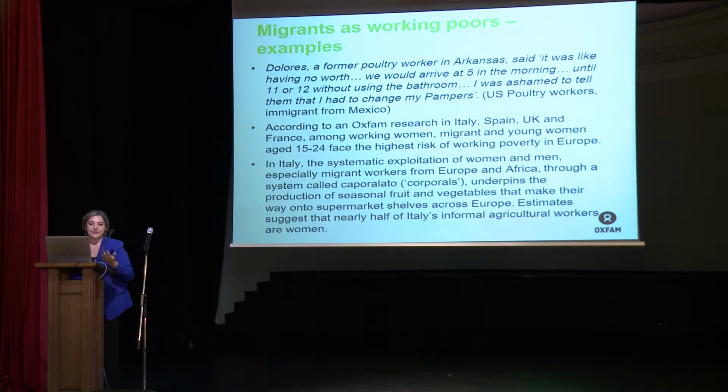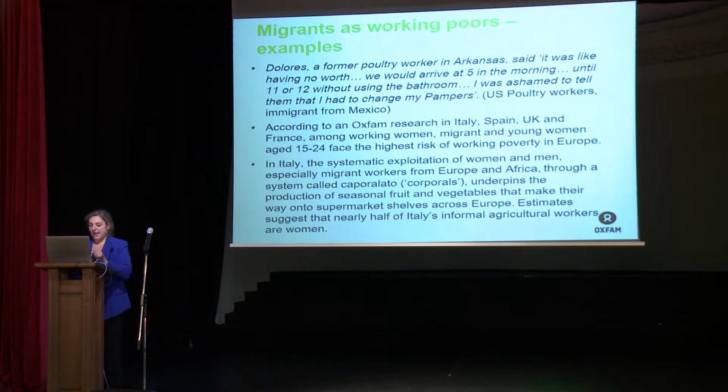And lastly, we have the example of the caporalato system in Italy, where women and men, especially migrant workers from Europe and Africa, are exploited through a system of gang masters to produce a good percentage of the fruit and vegetables that are on the Italian table, that are on the European table.